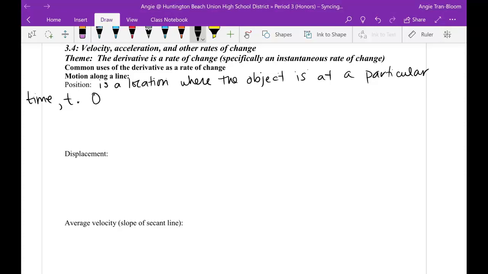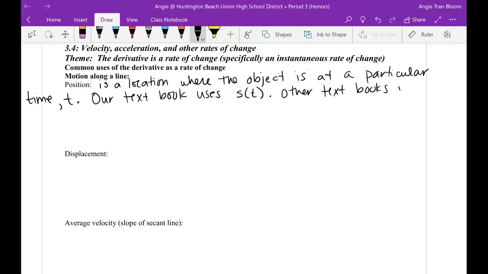Our textbook uses S of T to denote position. Other textbooks use X of T. So if you see either one, make sure you understand that it's talking about position.